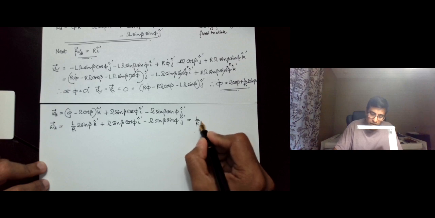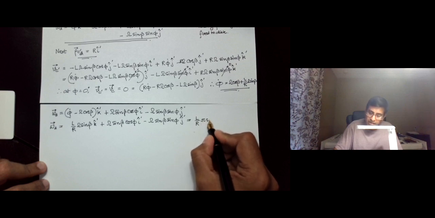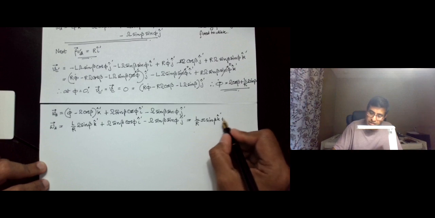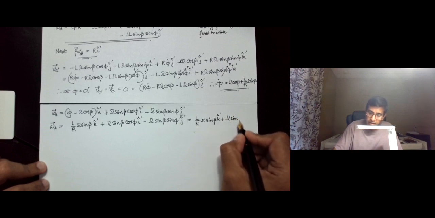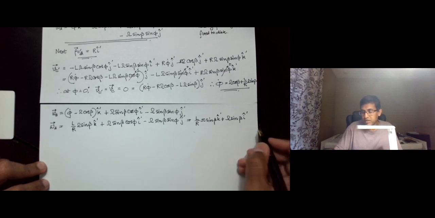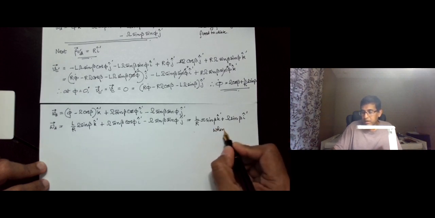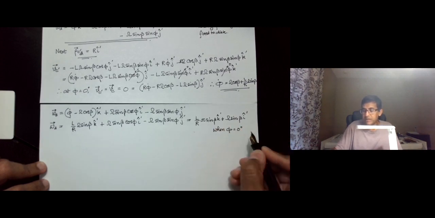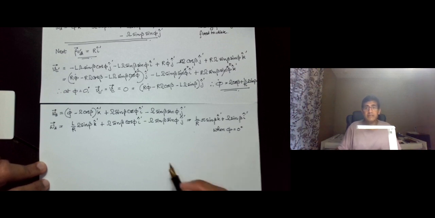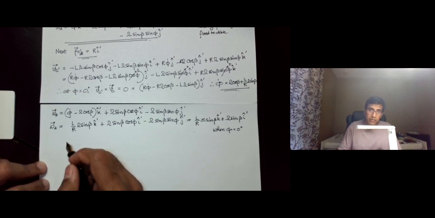So L over R capital Omega sine beta k prime plus capital Omega sine beta i prime becomes the expression when phi is equal to 0 degrees, which is the configuration at which the problem asks us to find out the angular velocity of the disk.